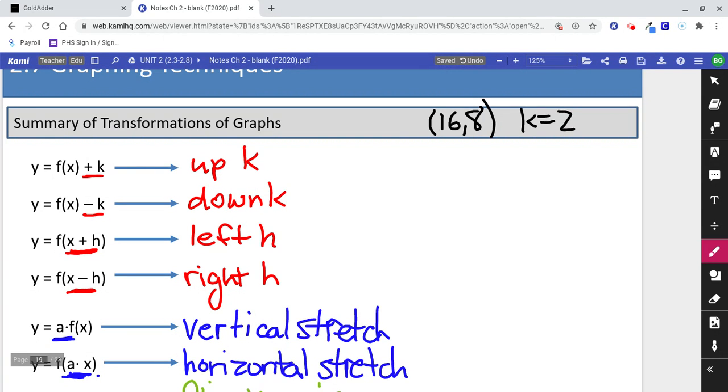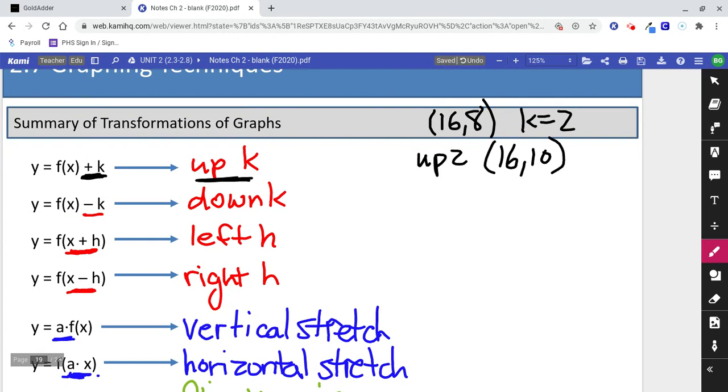And so if I've got whatever that thing is plus k, and we're going up k, then think about which coordinate is altered. Am I changing the x coordinate or the y coordinate here if I'm going up by 2 units? That's the y coordinate. So just take the y coordinate and shift it up 2. That's going to make your coordinate 16, 10.